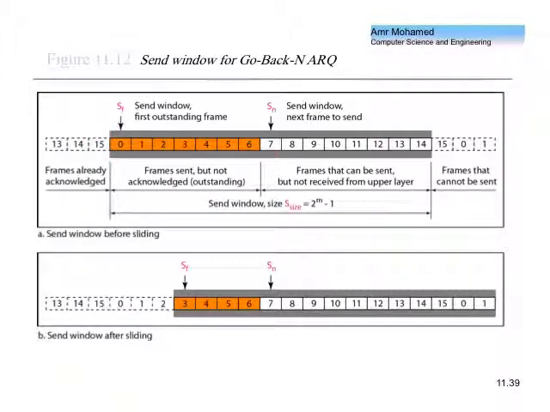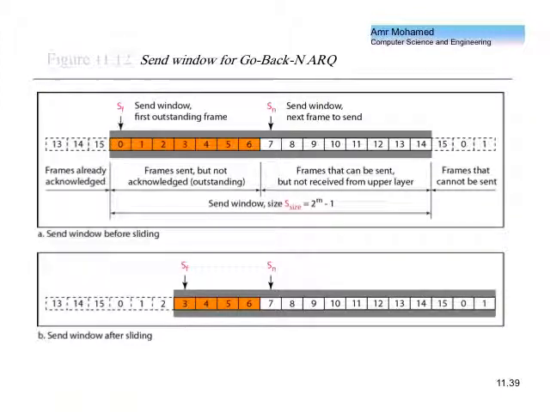Inside the window box, there are 2 parts. The first part is frames that have been sent, but none of them has been acknowledged by the receiver yet. So in that case, I'm just waiting for the acknowledgement for these frames, but I don't actually have to wait to transmit new frames.